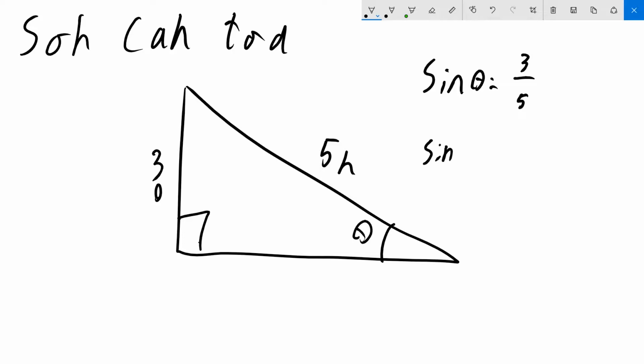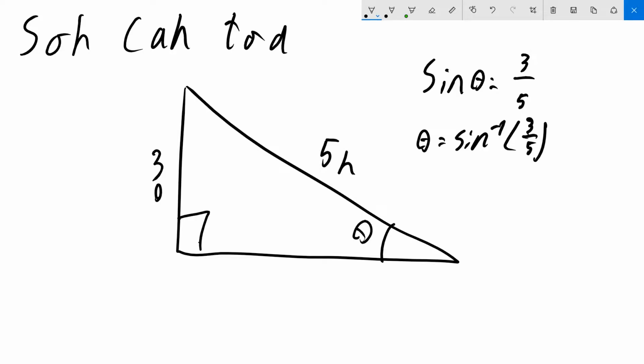So theta is going to equal sine to the negative 1 of 3 divided by 5. So let's do that.